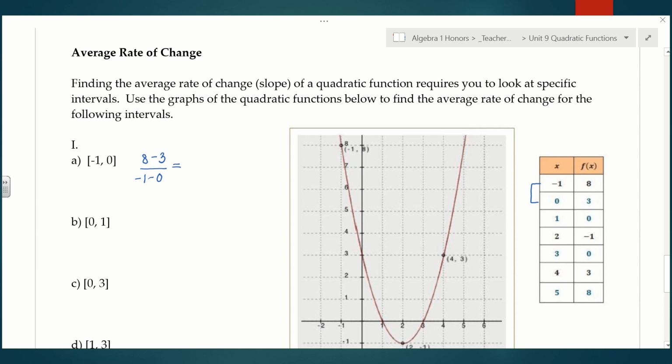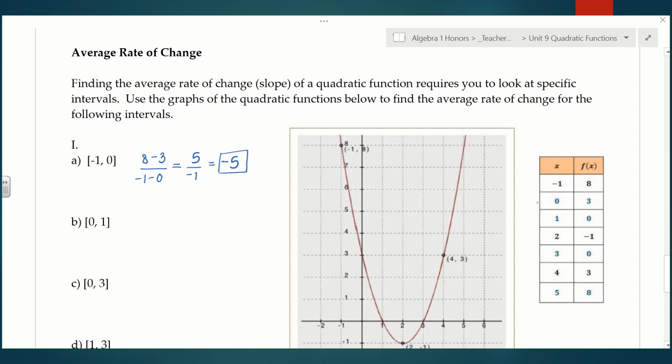On the top, I get 5, and on the bottom, I get negative 1. When I divide that out, I get negative 5. So the rate of change between the x value of negative 1 and the other x value of 0 is negative 5.